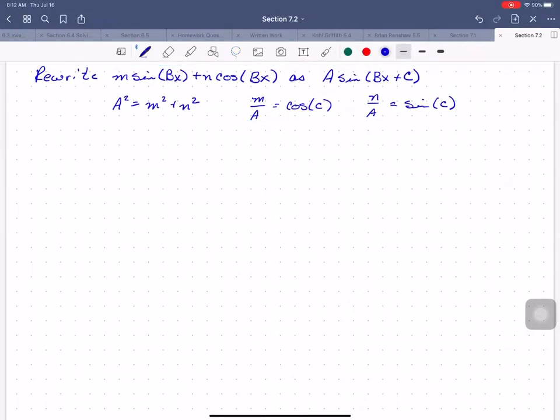So what I want to do is rewrite 4 times the square root of 3 times the sine of 2x minus 4 cosine 2x as a single sinusoidal function.